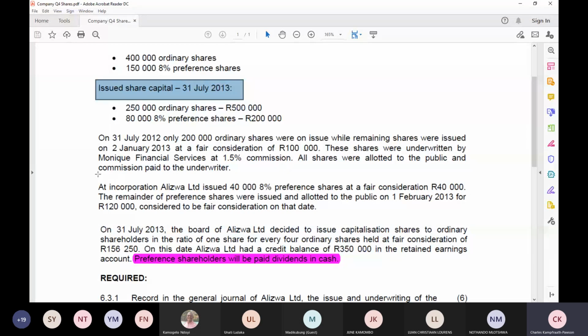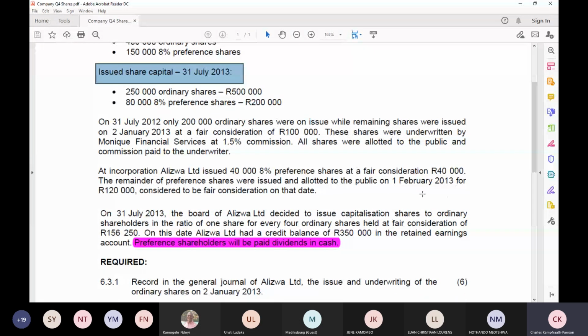Okay. At incorporation, Leasewell Limited issued 40,000 8% preference shares at fair consideration of 40,000 Rand. The remainder of the preference shares were issued and allotted to the public on the 1st of February 2013 for 120,000 Rand, considered to be fair consideration on that date.